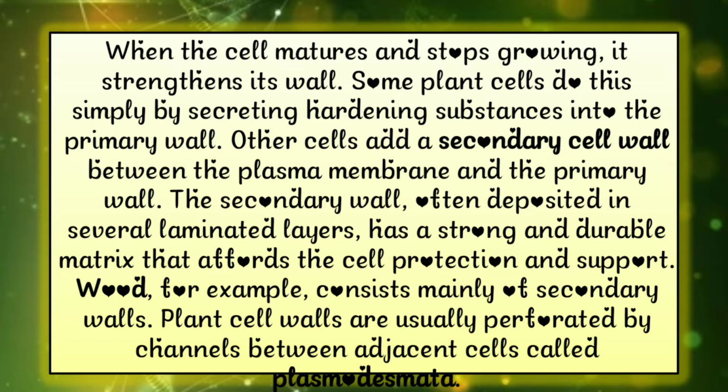The secondary wall, often deposited in several laminated layers, has a strong and durable matrix that affords the cell protection and support. Wood, for example, consists mainly of secondary walls. Plant cell walls are usually perforated by channels between adjacent cells called plasmodesmata.